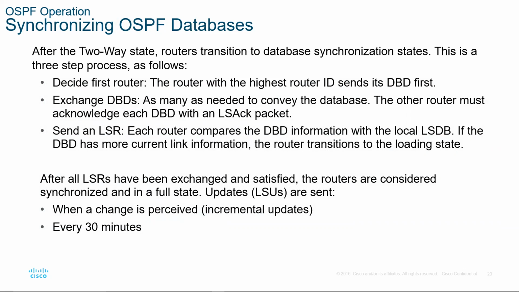Then the other devices will send requests to get detailed information that they're missing from that database descriptor, and then the original device will send updates out. This enables the entire topology to synchronize and move to full state.